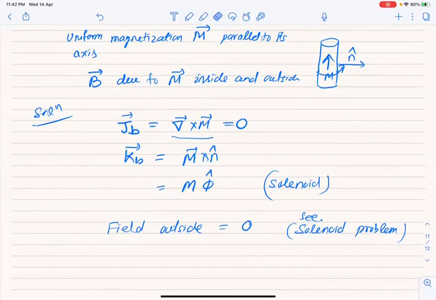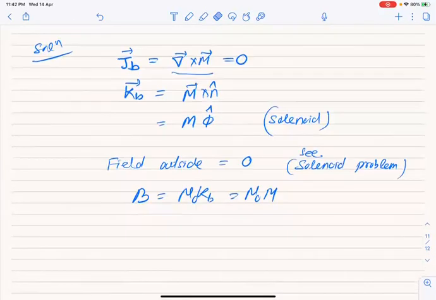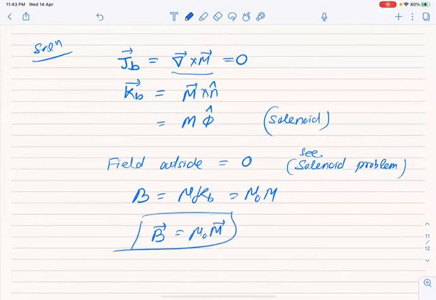So the field inside, for a solenoid, turns out that the magnitude of the field is nothing but mu0 times the current K, and that is nothing but mu0 M. And the direction is along the same M. So if I want to put a vector there, your B is mu0 M inside, and 0 outside.